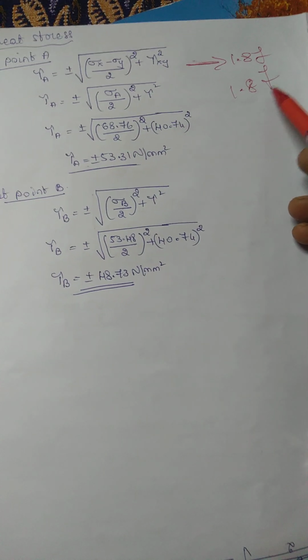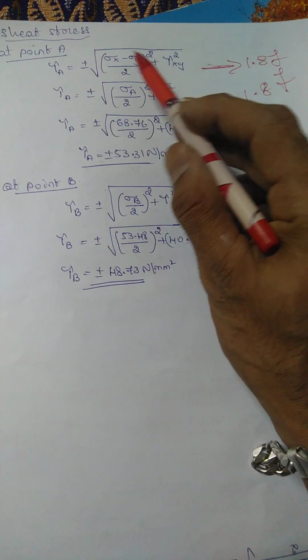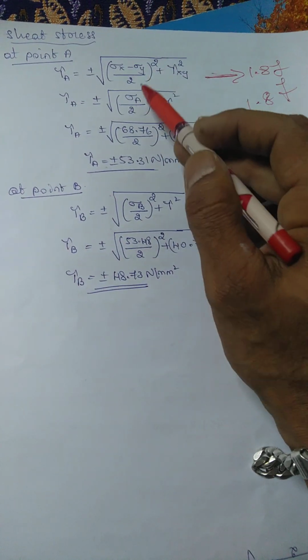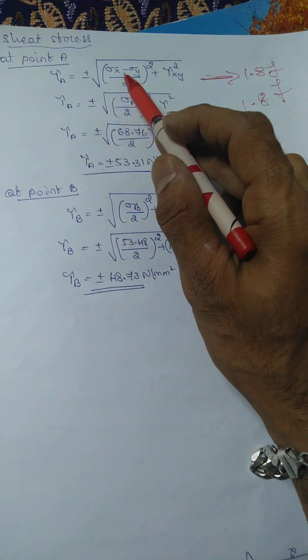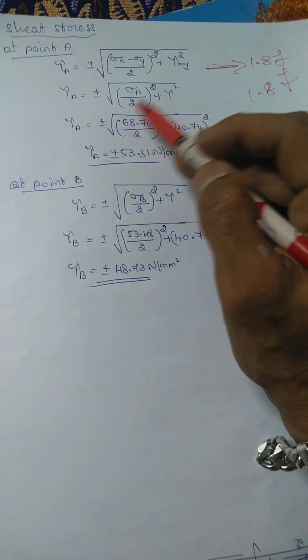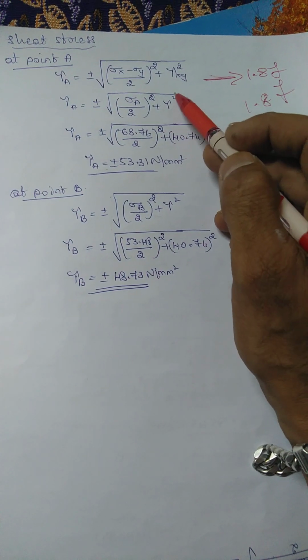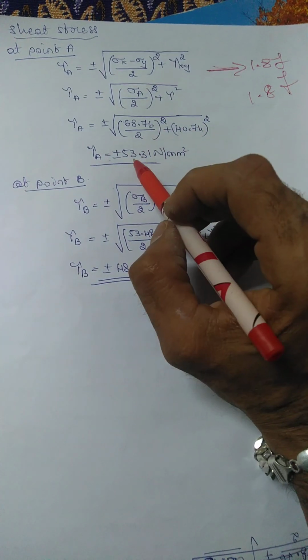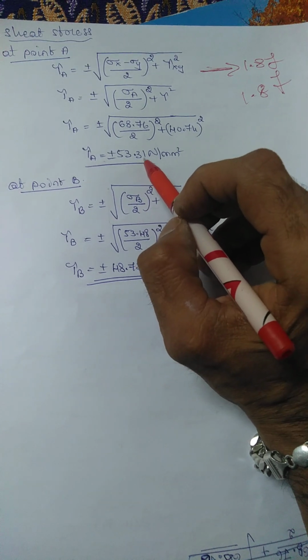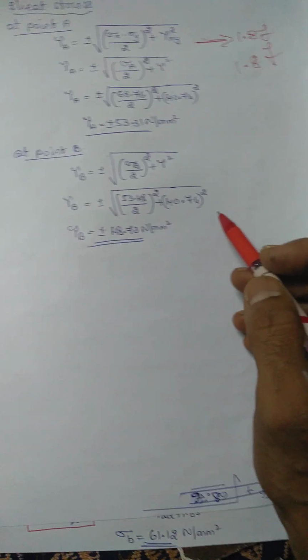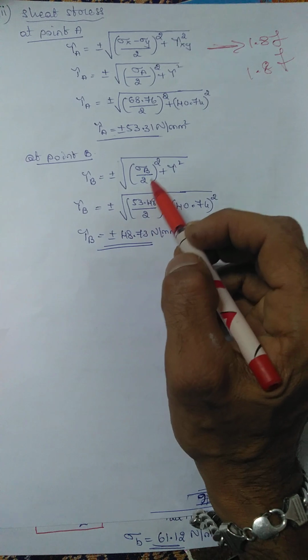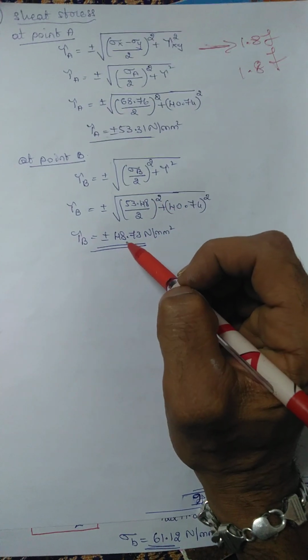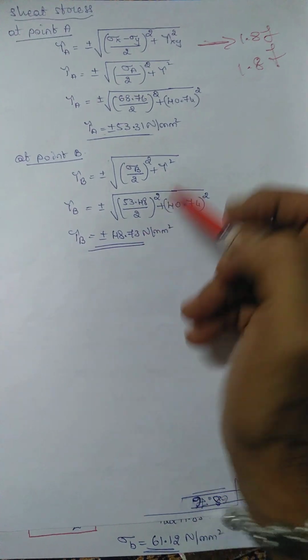Sigma y is 0 anyhow. So in the place of sigma x, sigma A is considered, and tau xy is tau square. Substitute these values similarly, and you will get tau A as 53.31 newtons per millimeter square, and for tau B you will get the value as 48.73.